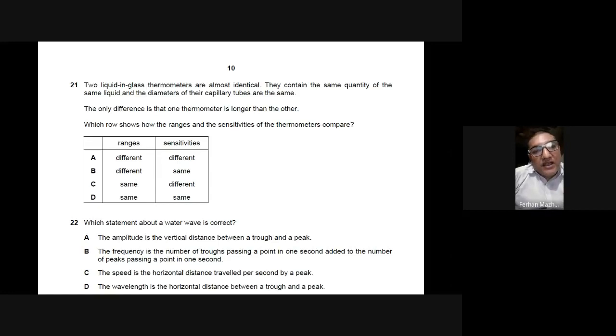When both thermometers have the same amount of mercury and the diameter of their capillaries is the same, they will both have the same sensitivity. But one of them is longer, so it will have a larger range. So the ranges are different and the sensitivity will be the same. So for question number 21, B is the option.